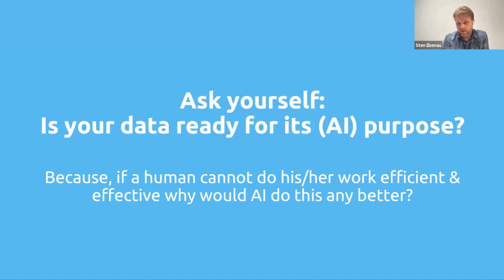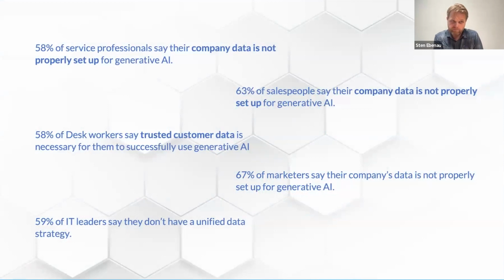And we've asked around, and of course Salesforce asked around in the space as well, if people actually trust the current data set which they have, and if their current data set is ready for that purpose. And I think these figures are from the Salesforce Insights Analytics page, and it's very simple.